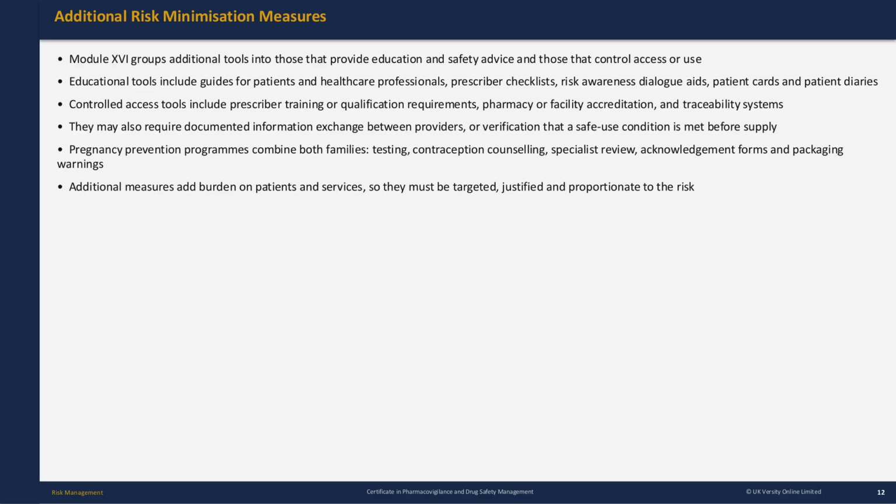Controlled access tools include prescriber training or qualification requirements, pharmacy or facility accreditation, and traceability systems. They may also require documented information exchange between providers or verification that a safe use condition is met before supply.